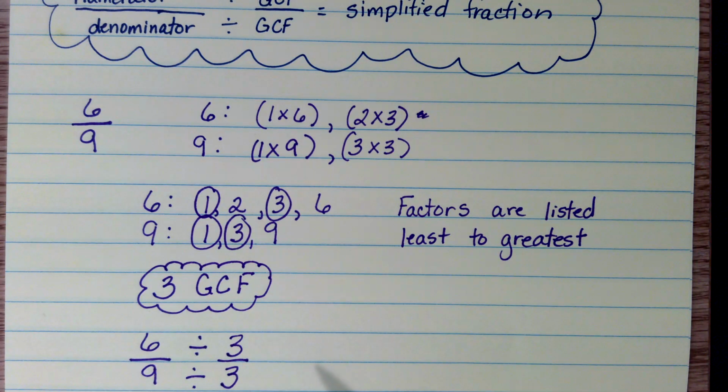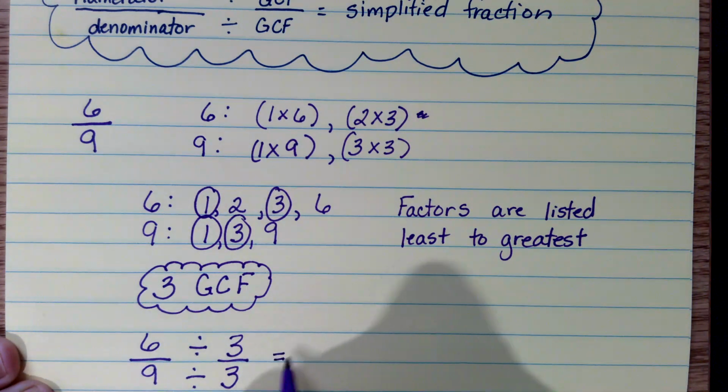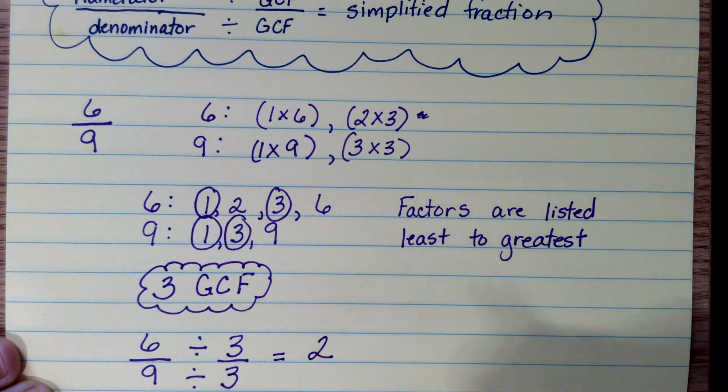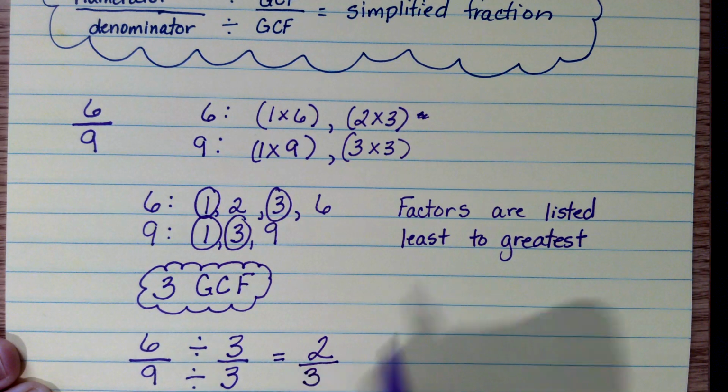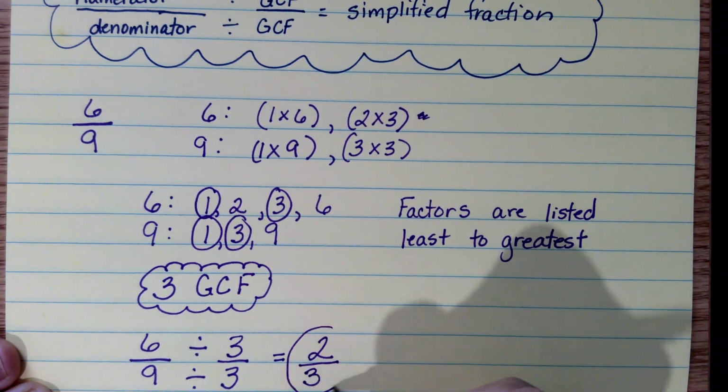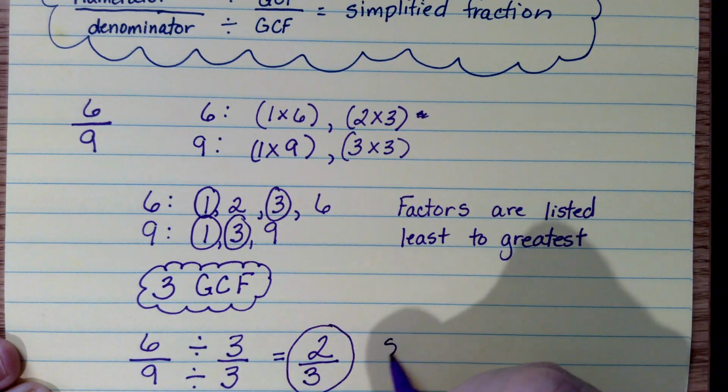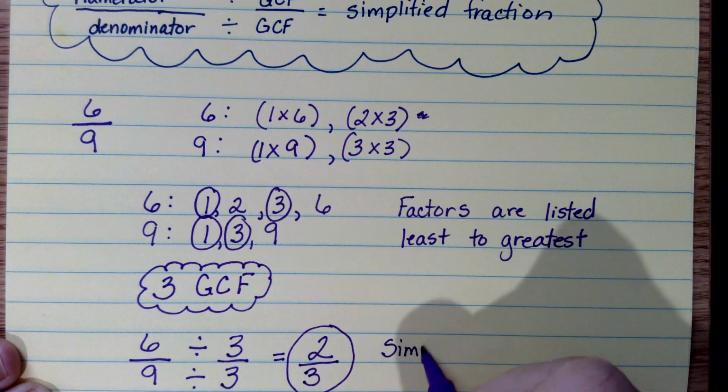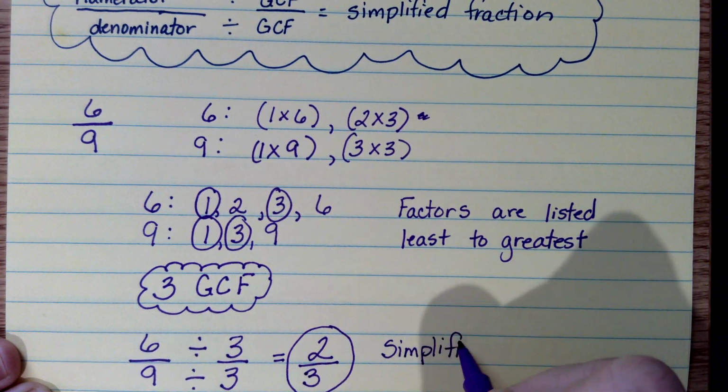And 3/3 is the same thing as 1 whole. So 6 divided by 3 equals 2, and 9 divided by 3 equals 3. So 2/3 is the simplified version of 6/9.